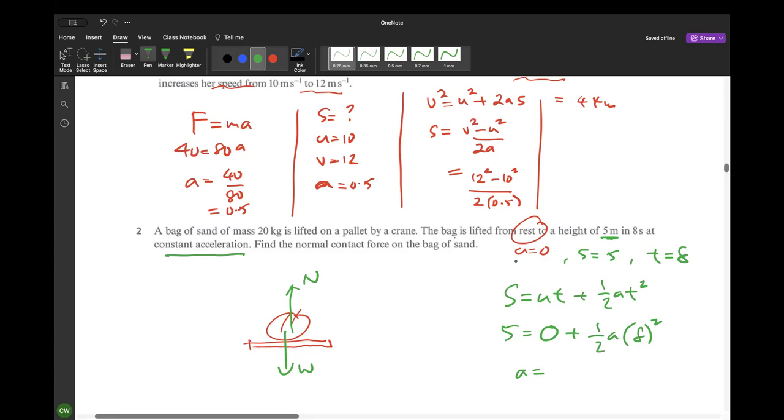So a is 10 divided by 64, which is 5 over 32.